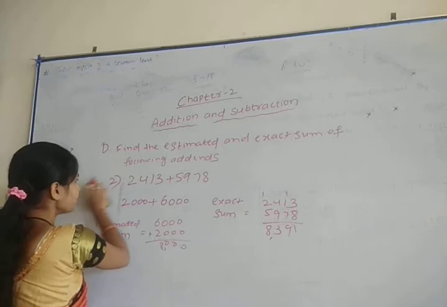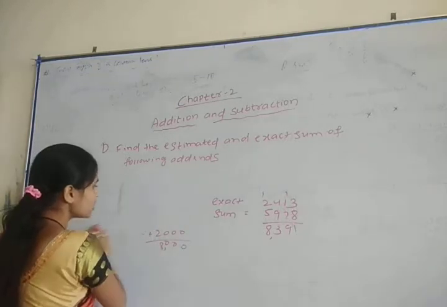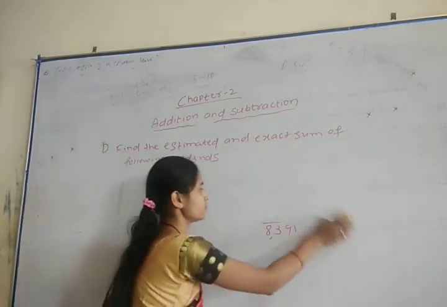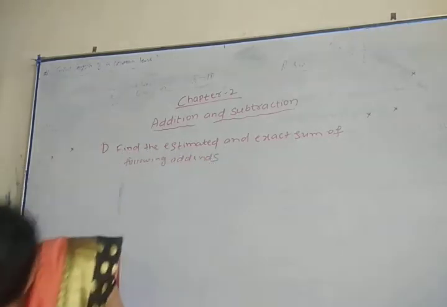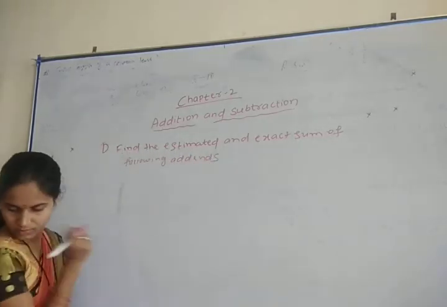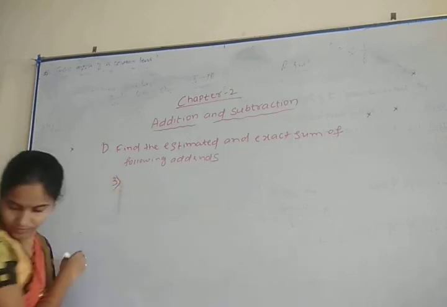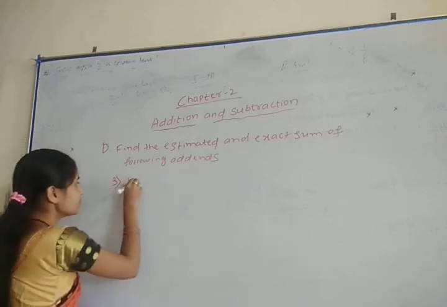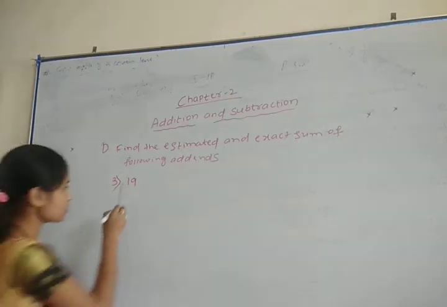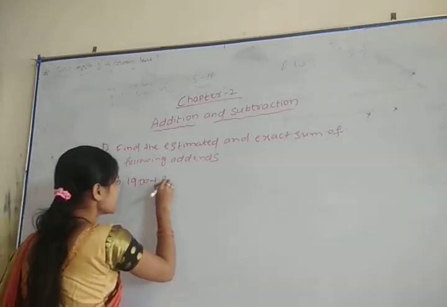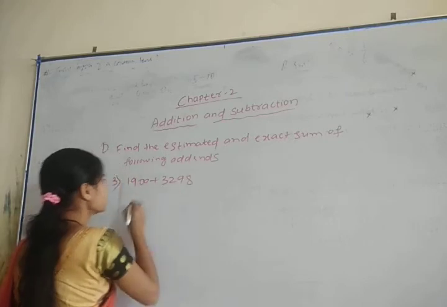Now let us solve the third problem, which is 1900 plus 3298.